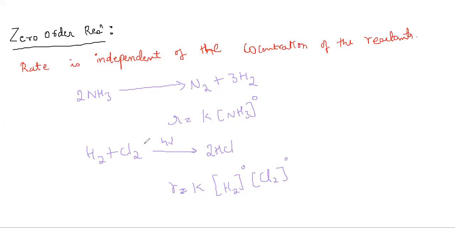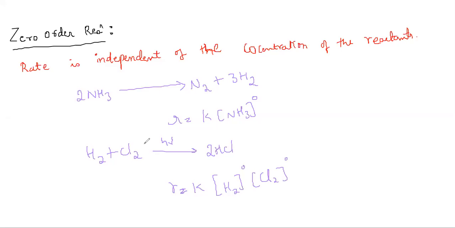Okay. So here in this case, in the examples you can see there H2 plus Cl2. So at high pressure, the solid catalyst surface is adsorbed with the gaseous reacting molecule.